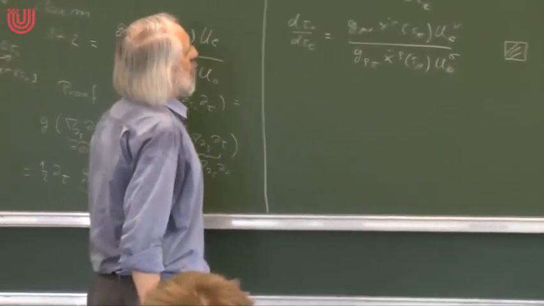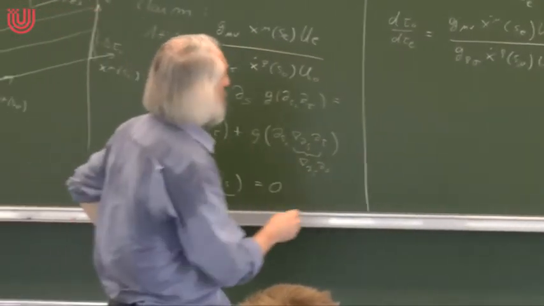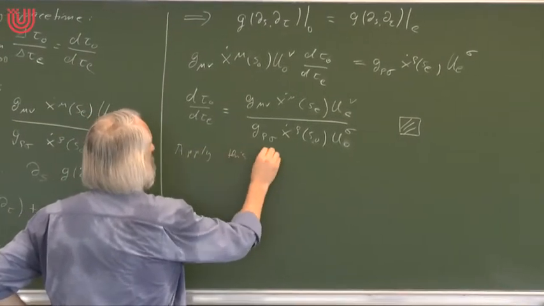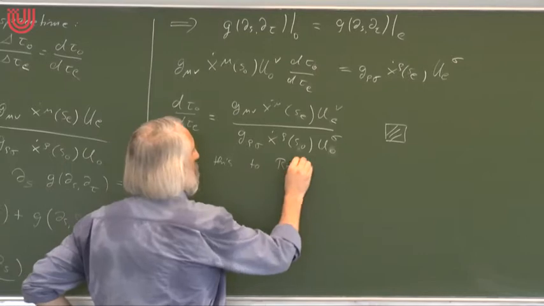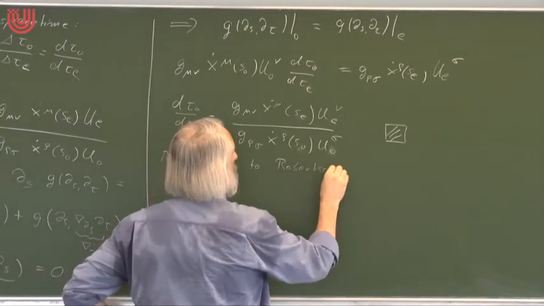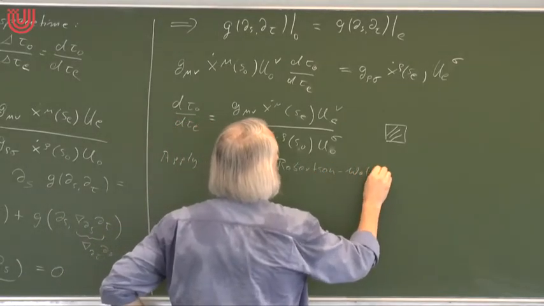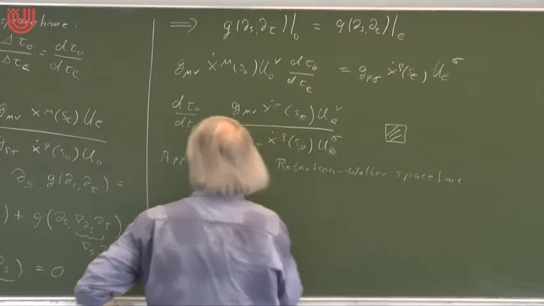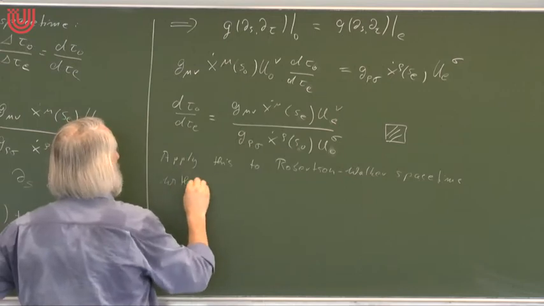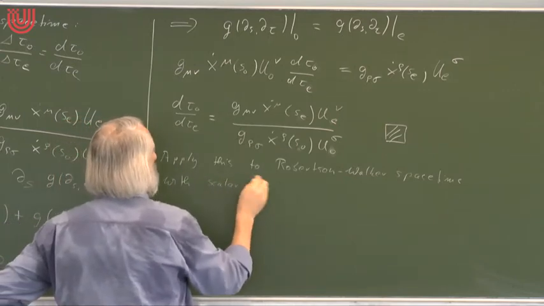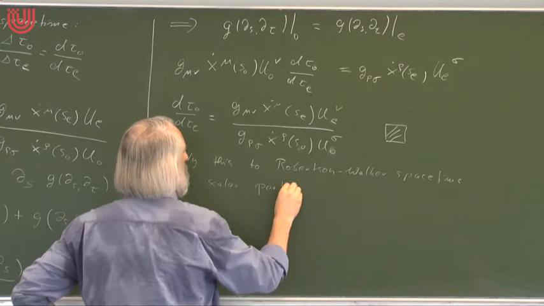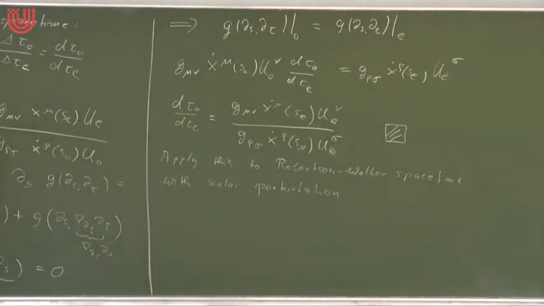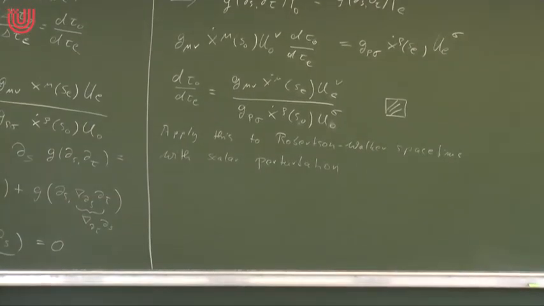Okay, so we have this formula now, and we want to apply this to Robertson-Walker spacetime with scalar perturbation, and we consider only the simple case we considered already last time, where we have just one Bardeen potential, just one scalar perturbation phi.